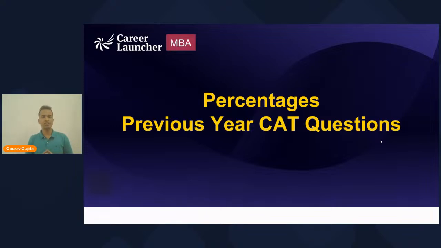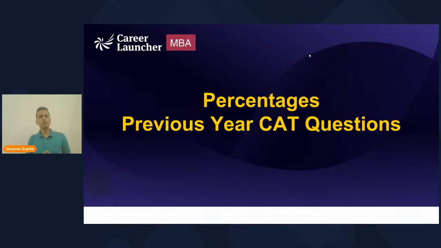Now, in today's session, I'm going to take some more questions from the application of percentages in profit, loss, and discount. These questions once again are from the previous year paper questions of CAT examination. This is the third session, and today we are going to solve questions which have come from the topic of profit, loss, and discount.